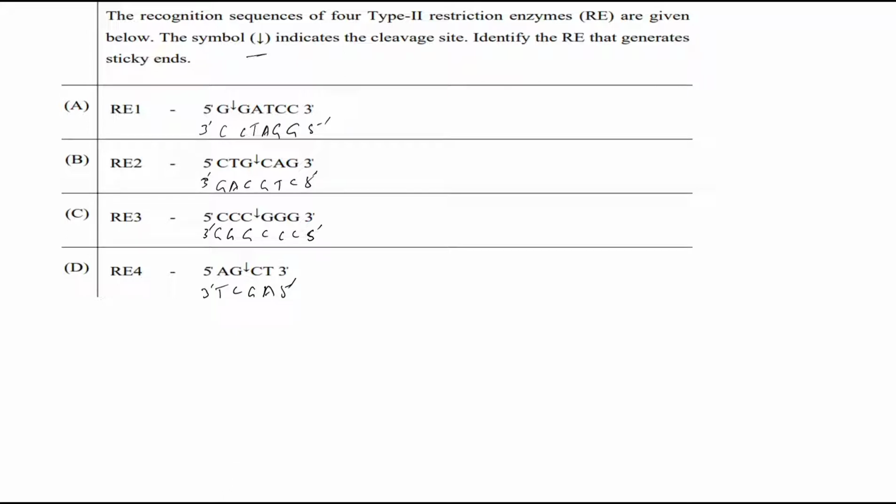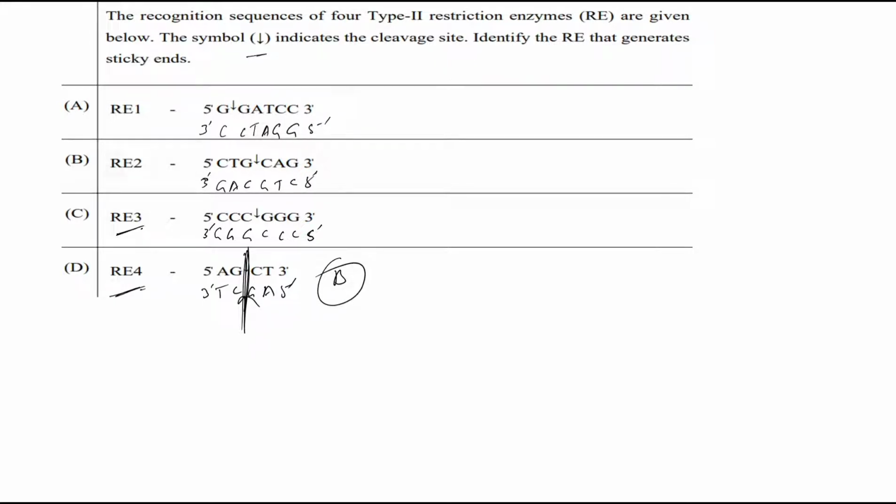Let's start with the fourth one, the last one. The restriction site or the site of cleavage is two bases away from the 5 dash end. So in the complementary sequence also, the cleavage site will be two bases away from the 5 dash end. So it will be here. The cut will be generated here and it will result in a blunt end.